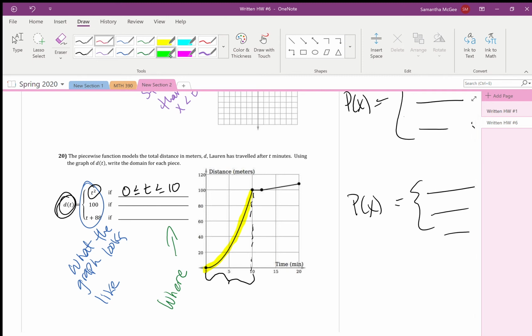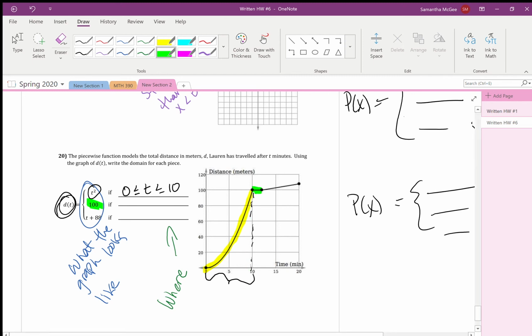Then I see this horizontal line at 100, which corresponds to this piece. Remember, if you have just a number, that constant, it's just a horizontal line at that number. So in this case, we'll have a horizontal line at 100.